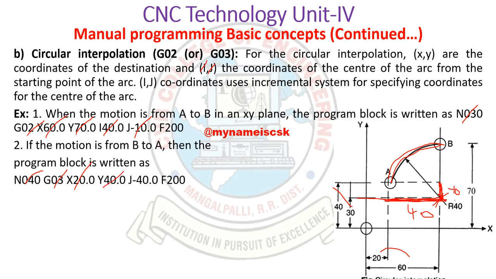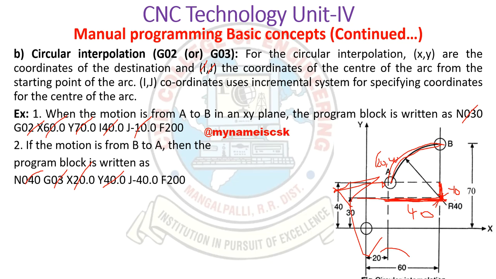From B I am moving to this position, and because we are using absolute, the x coordinate comes as 20, and y is at a height of 40. At this position it is 20 comma 40.